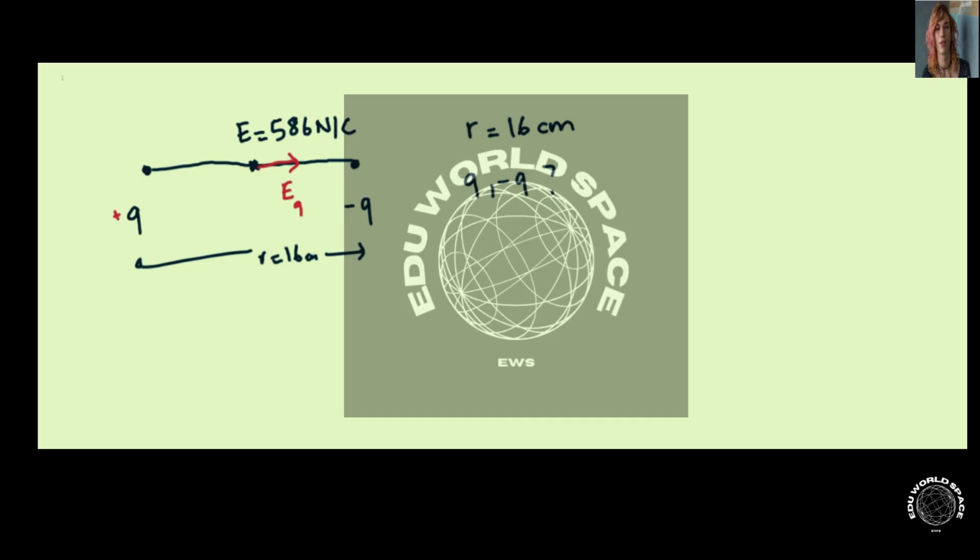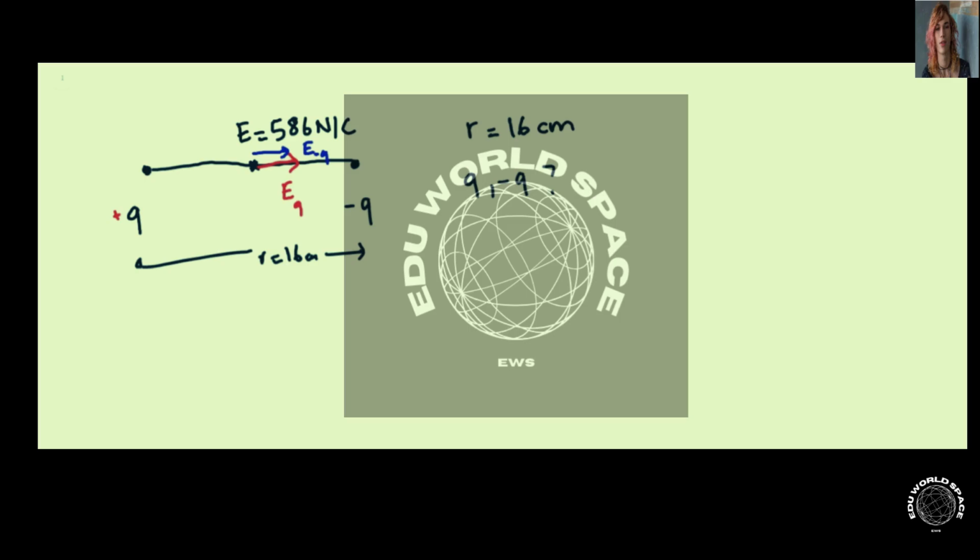Let's look at the negative charge. For the negative charge, the electric field is always towards the negative charge. So at this point, the electric field is also pointing toward the negative charge.